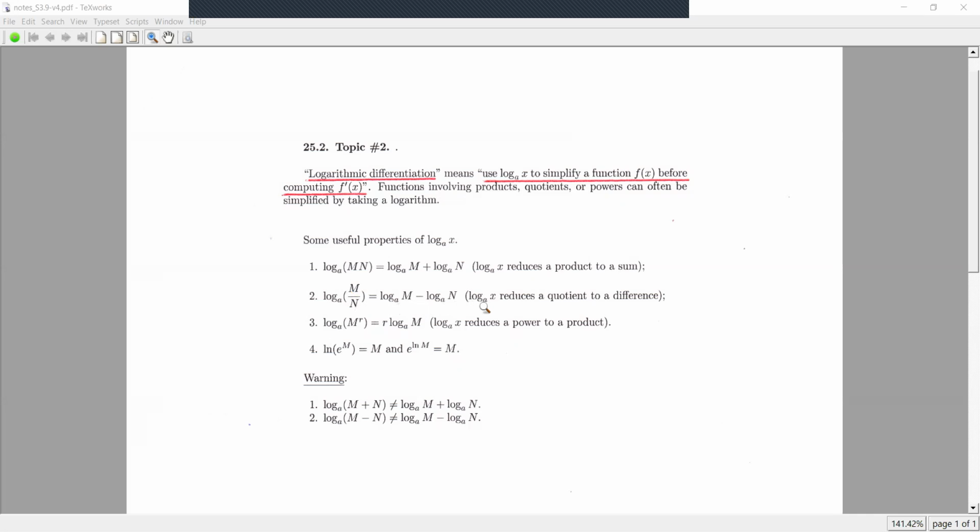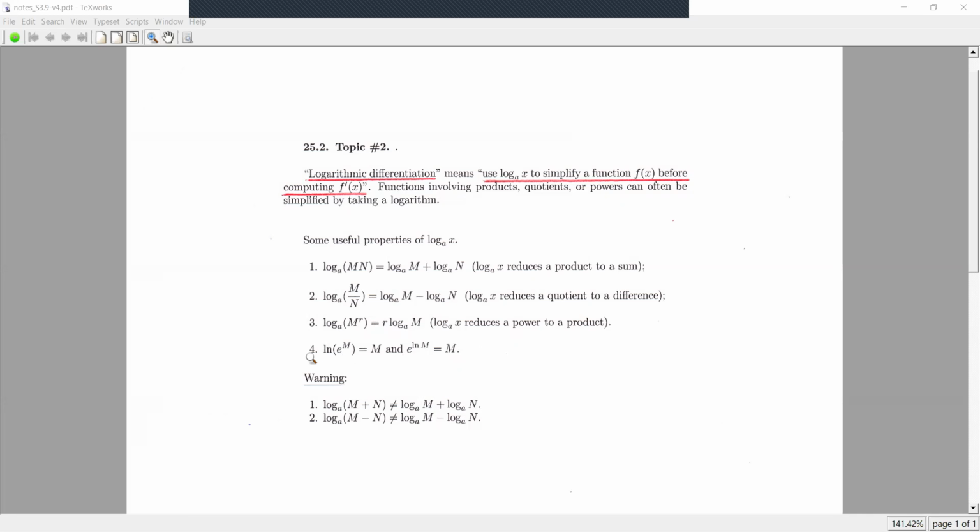In this property, log reduces a quotient to a difference. Property number 3, the log of a power is the power times log. Log reduces a power to a product.